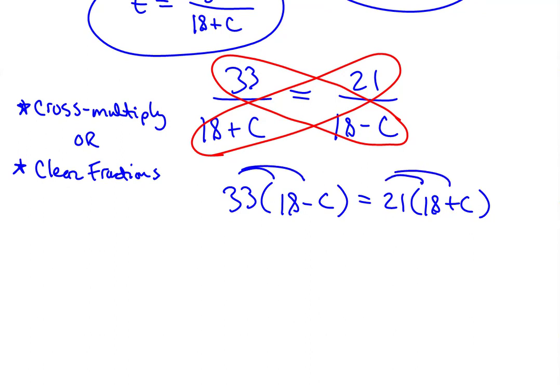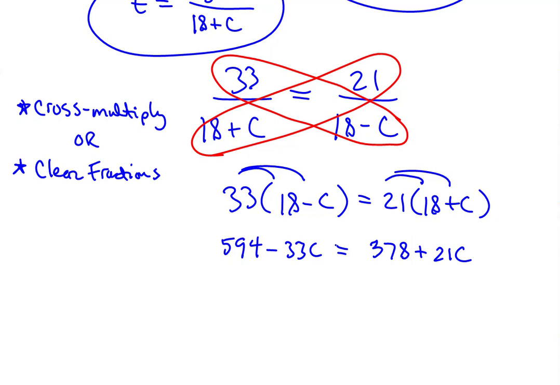Doing this arithmetic will give us 594 minus 33c on the left side, distributing that 33 in the parentheses there. On the right side, we'll get 378 plus 21c.